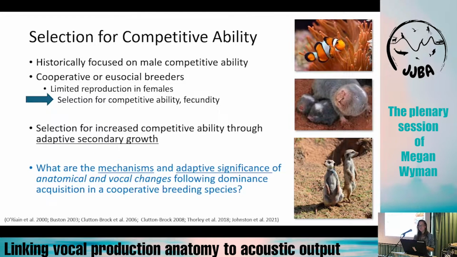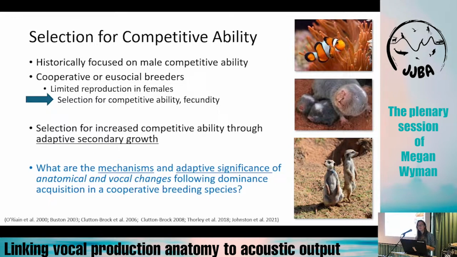This is seen in a range of vertebrates like clownfish, mole rats, and meerkats, where individuals experience growth increases. They're already an adult, and then they go through some status change like dominance acquisition or changing to be the breeding female, for instance, in mole rats, and they will grow again. So they have this secondary growth phase, which others don't if they don't reach that status.